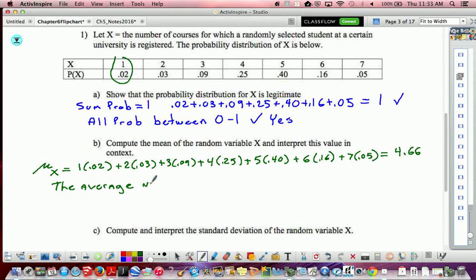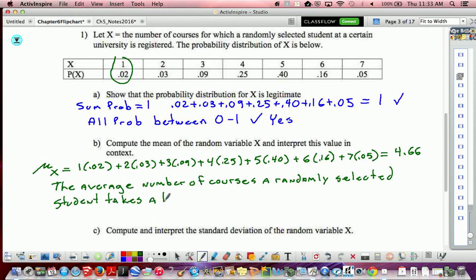So we say the average number of courses a randomly selected student takes at this university is 4.66 courses.